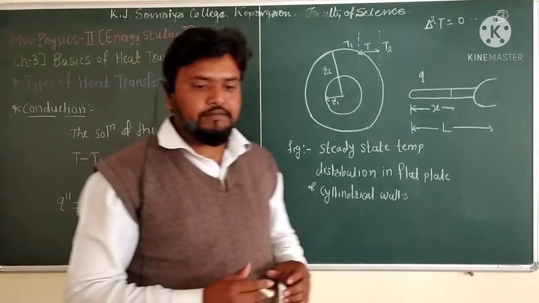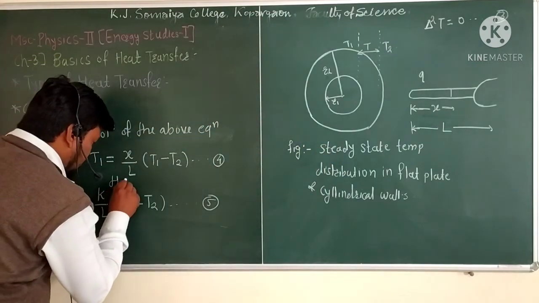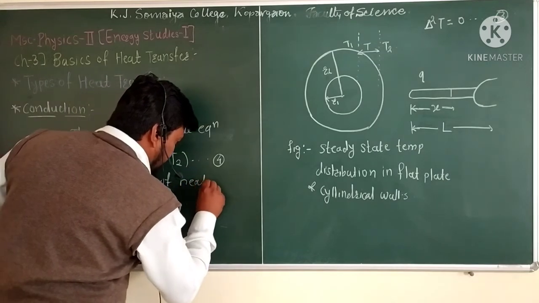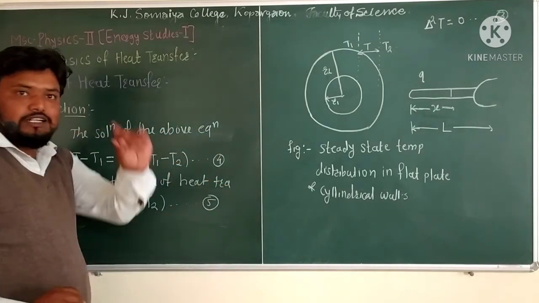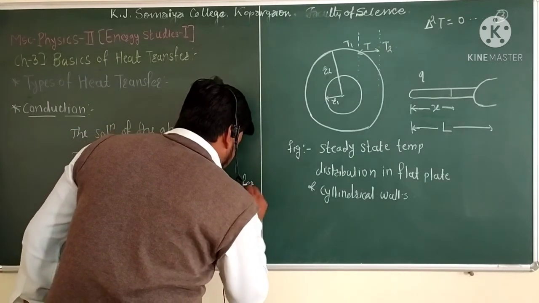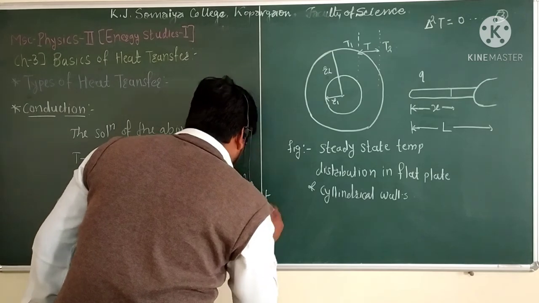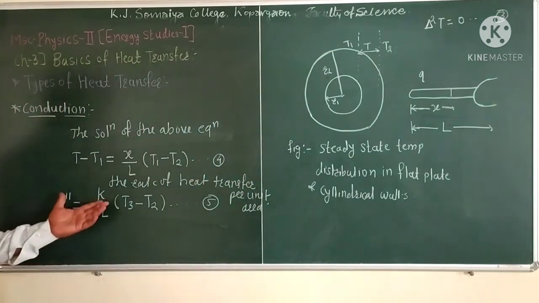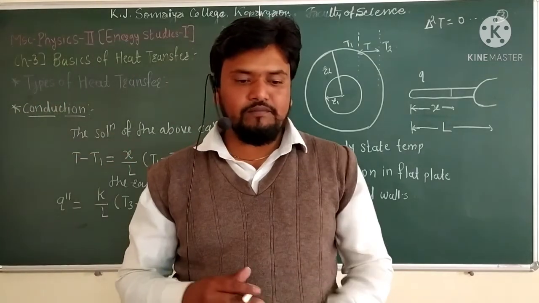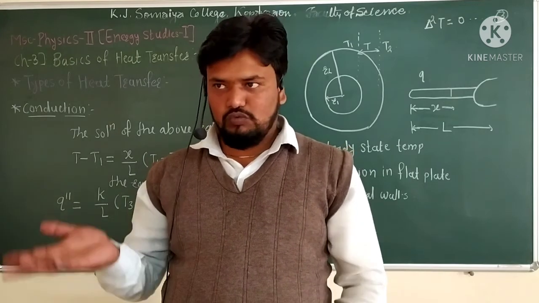The rate of heat transfer per unit area is Q double prime is equal to K upon L (T3 minus T2). That is equation number 5.